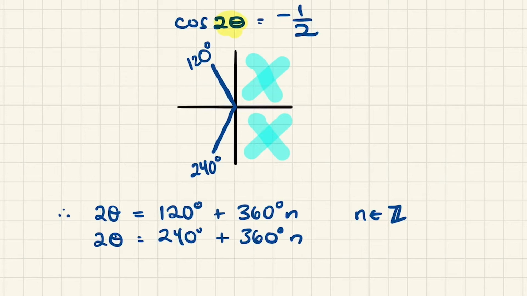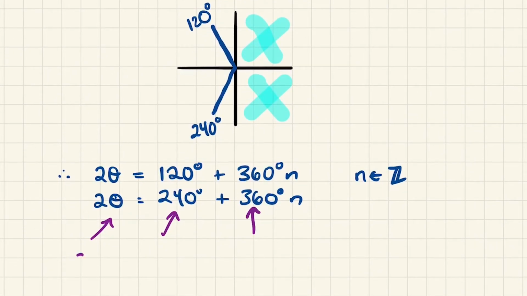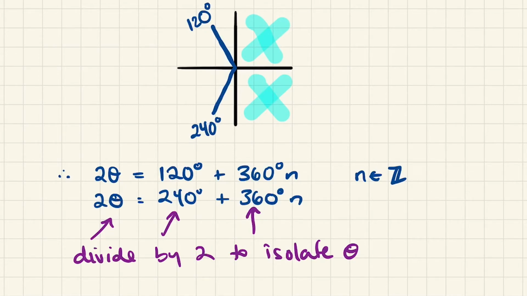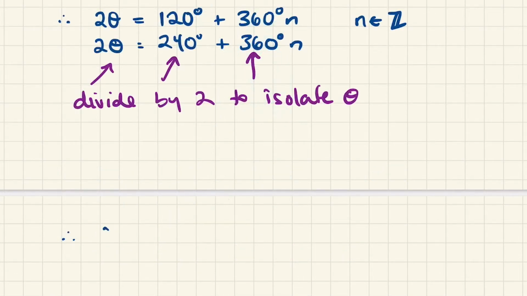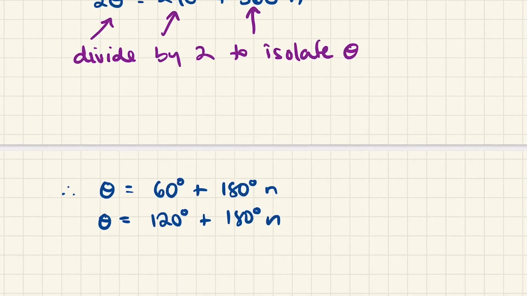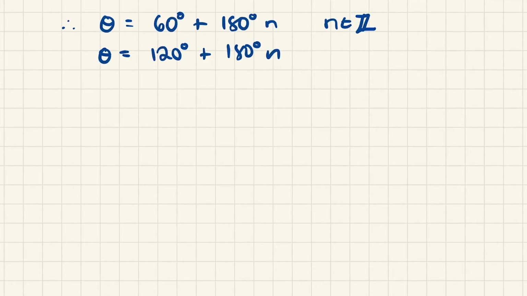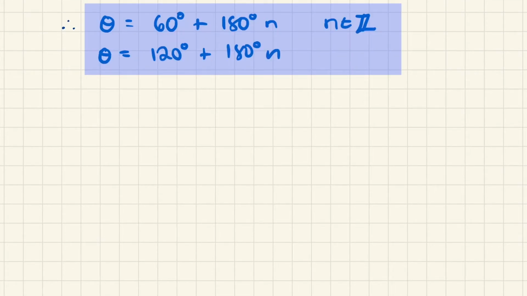So now, dividing everything by 2 to isolate theta will give us our final answer. So we're going to get that theta is equal to 60 degrees plus 180, or it's equal to 120 plus 180 degrees. Okay, and that's our final answer.